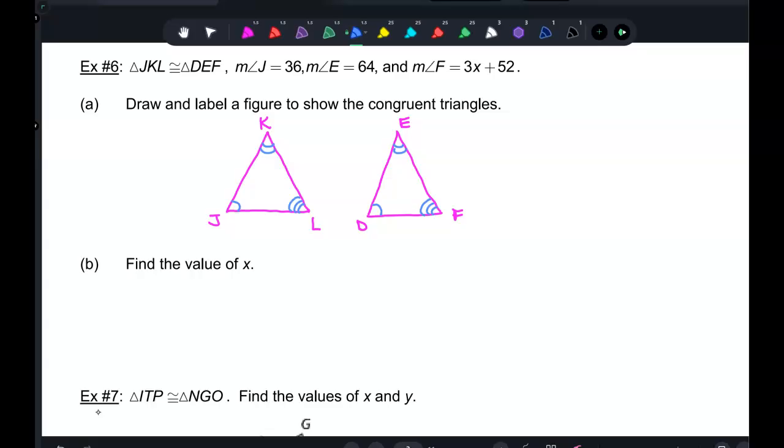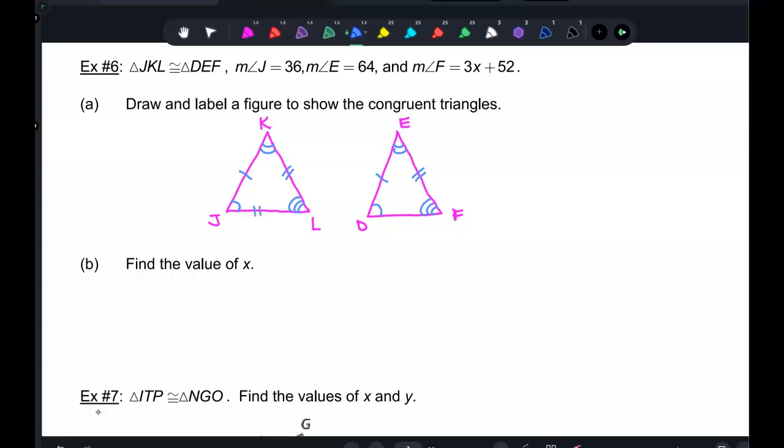Okay, now I'm going to do the sides. So let's do JK. I'll put one mark here. Where would I put one tick mark on the other triangle? DE. Okay, then KL, I'll put two markings. And I need to make sure KL matches with EF.